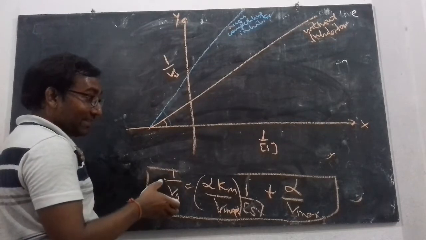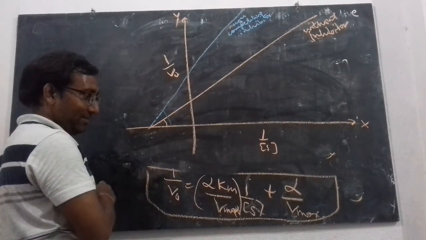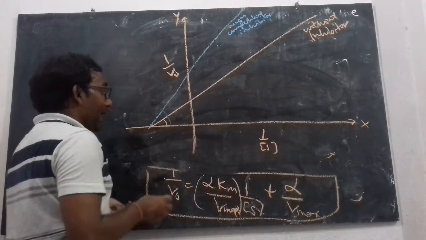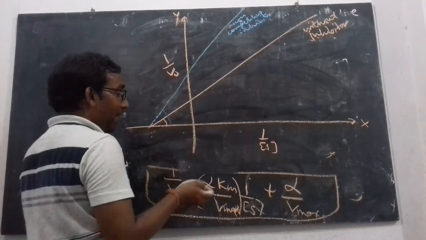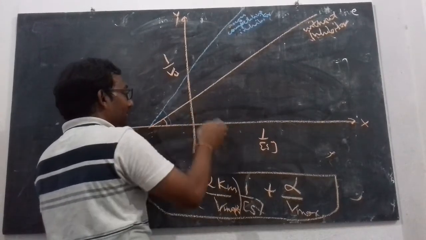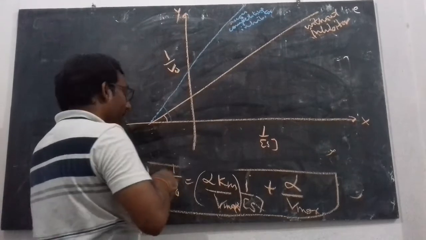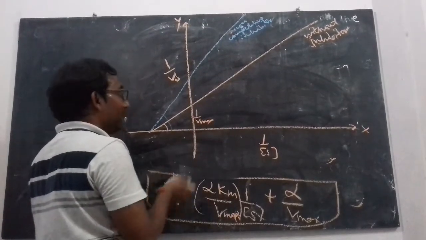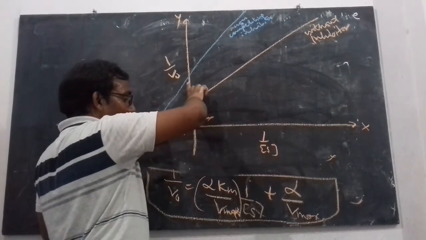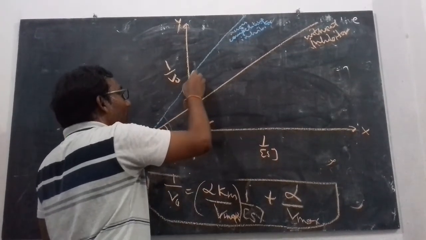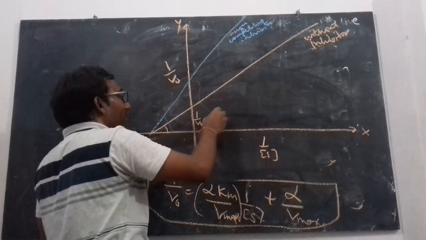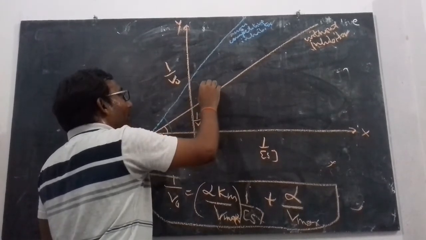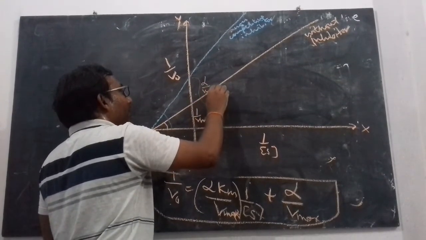And the intercept, which was 1 by Vmax without inhibitor, the new intercept on the y-axis will become alpha by Vmax.